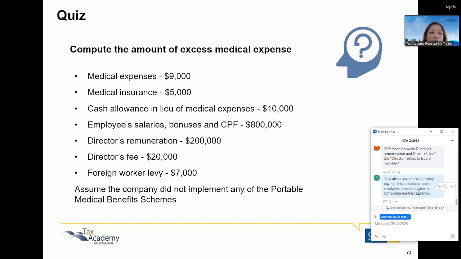Assume that the company did not implement any of the portable medical benefit scheme. Can you compute the excess medical expenses?